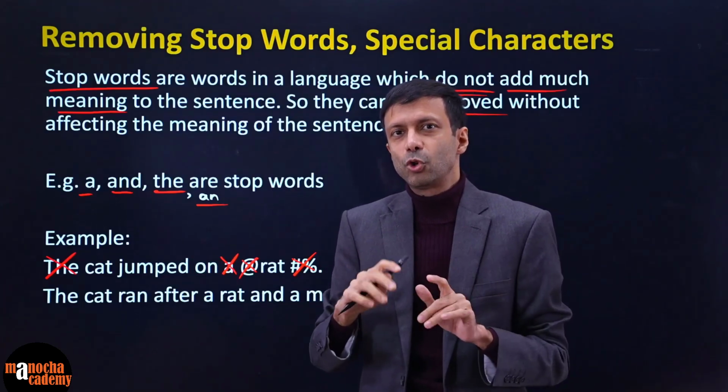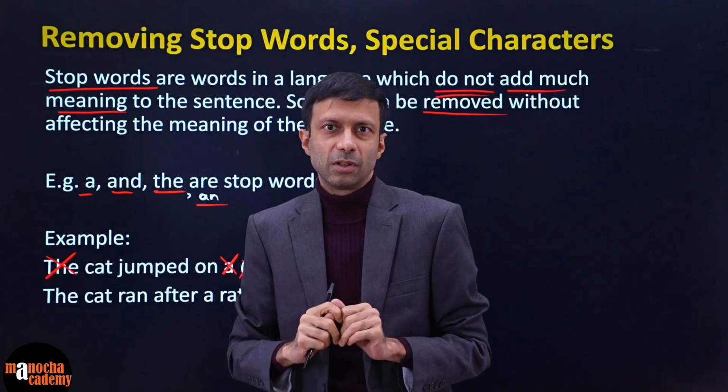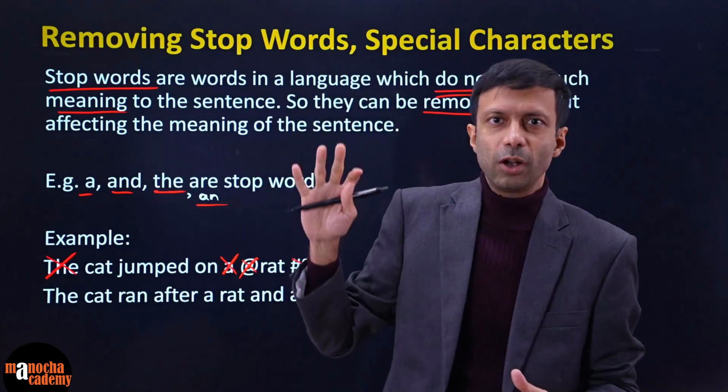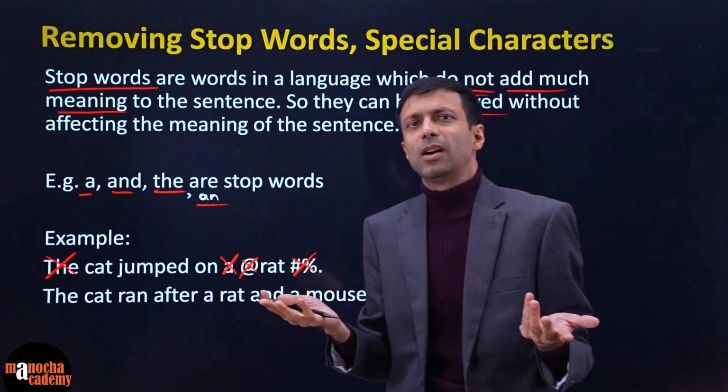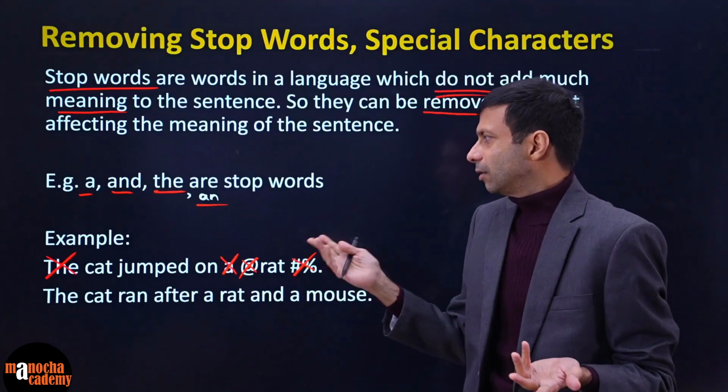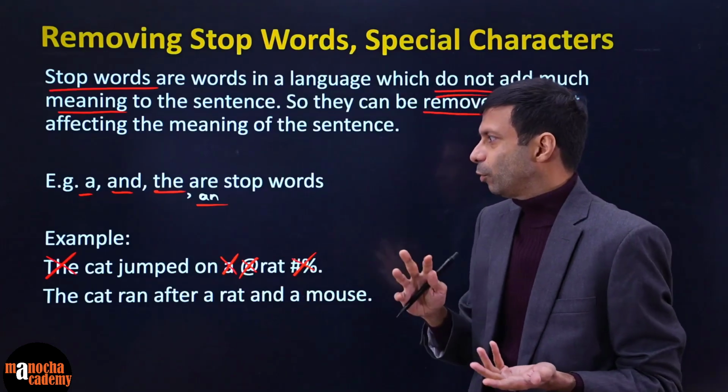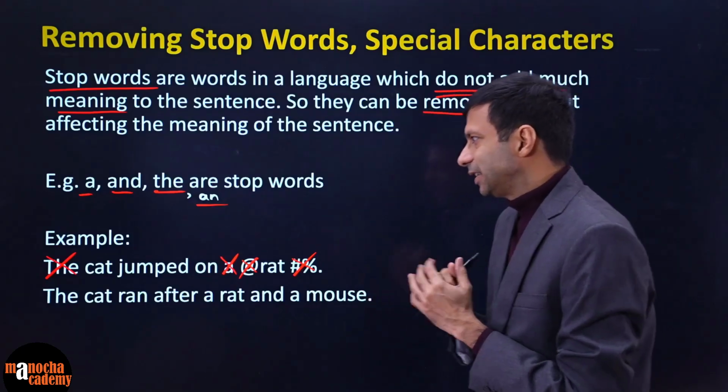Or if you say, I want to buy a trousers or a shirt, a is gone. Google doesn't care about a, right? Same with the, it doesn't care. So this is removing stop words, but you can see the meaning is still there.